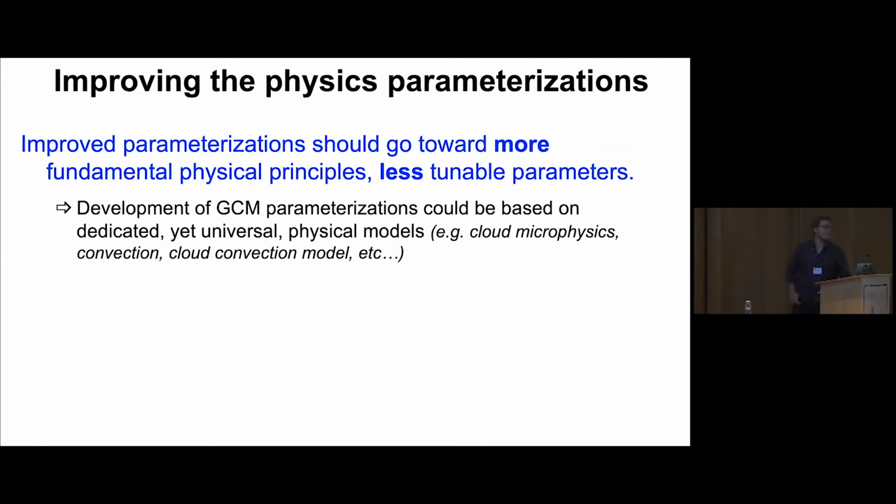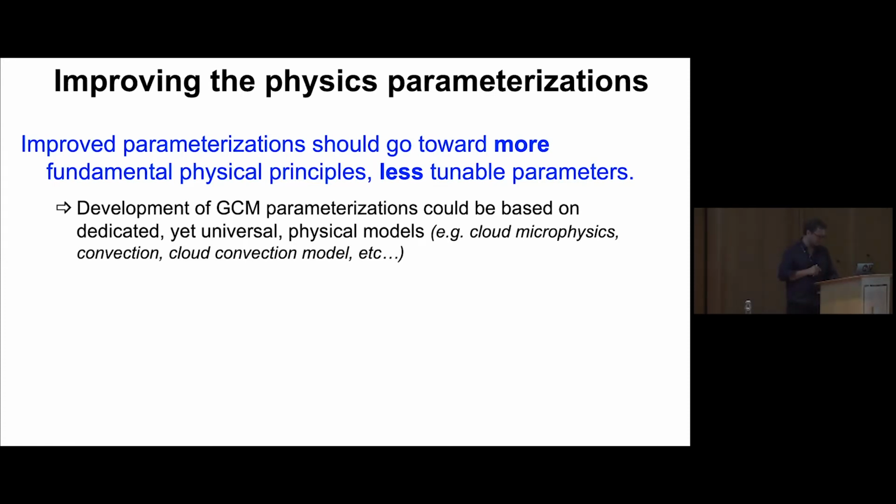The second possible option to improve these GCMs is to improve the parametrizations that are used in them. And I think the best example, if you followed all the talks this week, is the case of convection. There are a lot of discussions on what's the best scheme to do the convection in all the models.